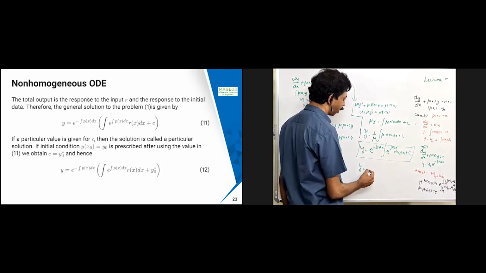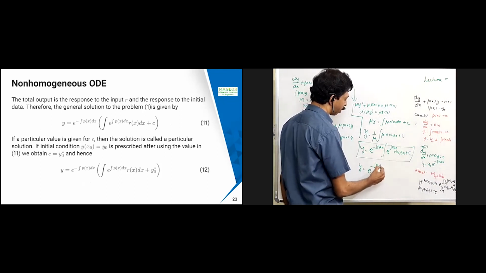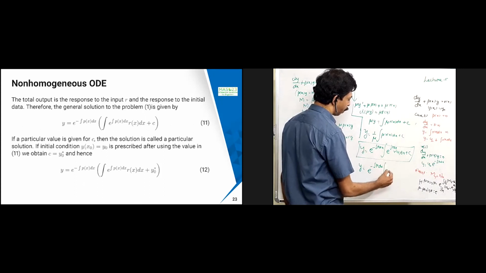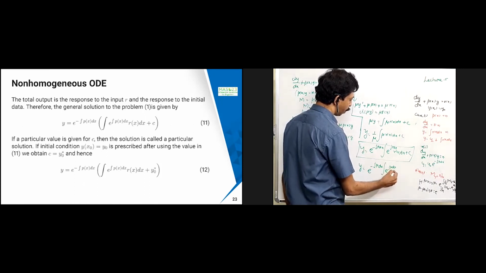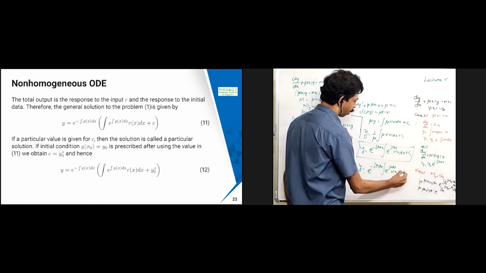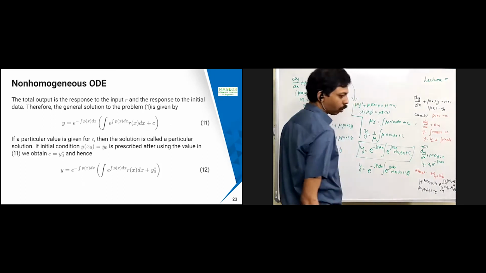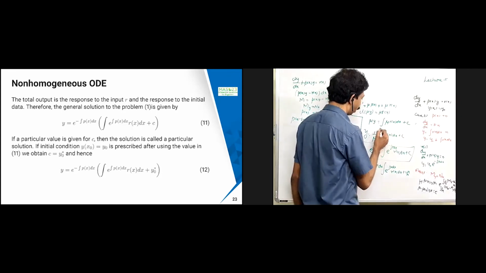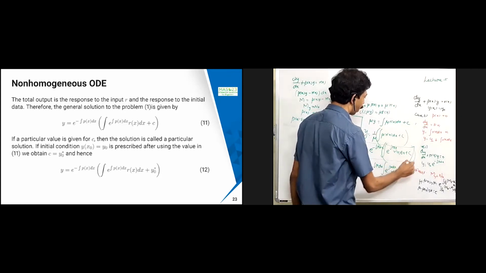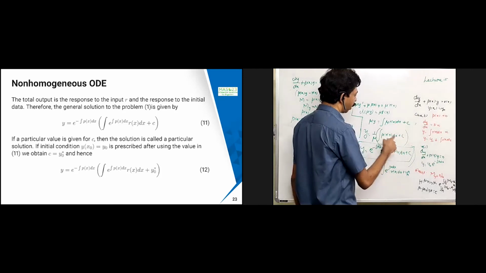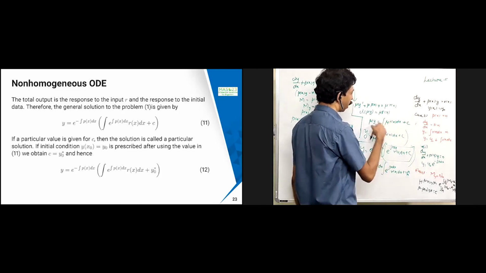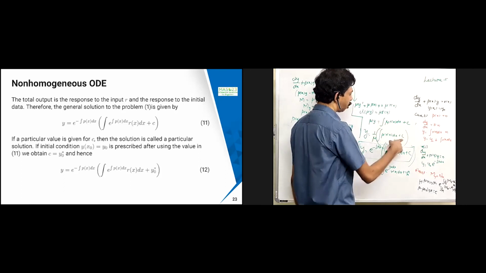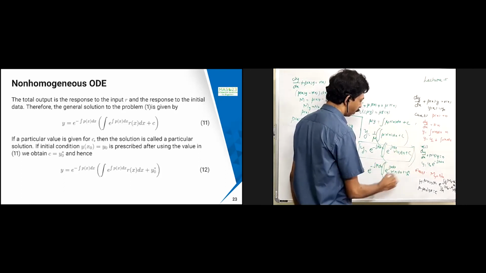So I can write this as e power minus integral p dx times the integral of e power integral p dx r of x dx plus y naught star. Remember the bracket is there. Don't forget the bracket over here, because this mu is part of both. Since the constant is also multiplied by it, it should be with this one.